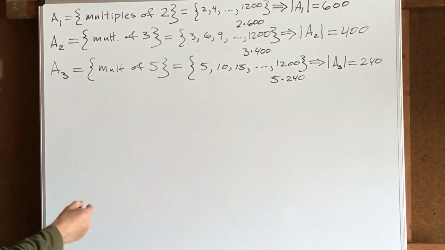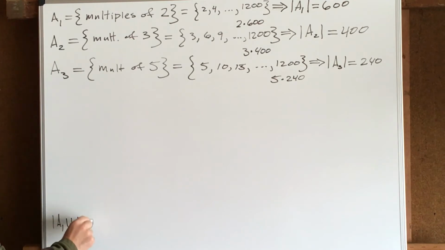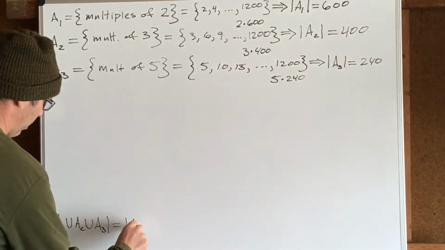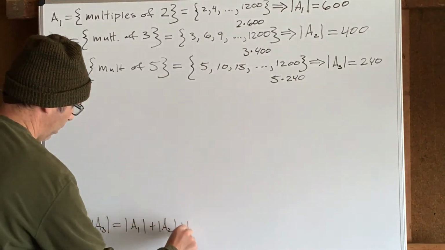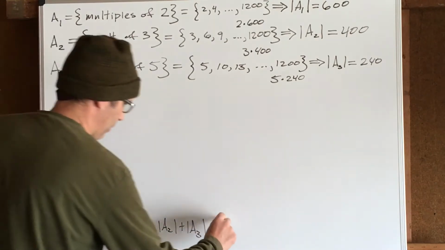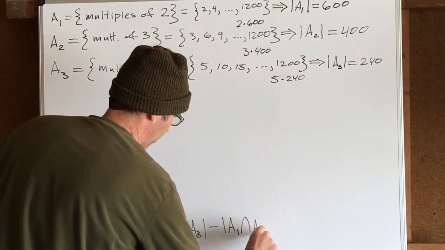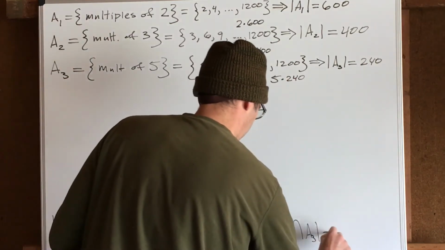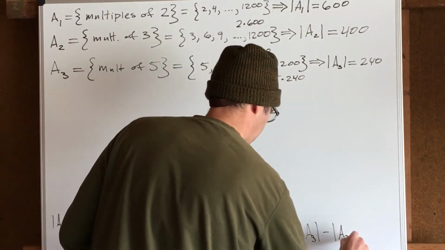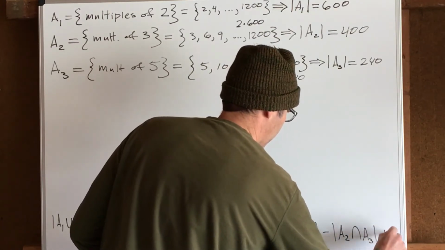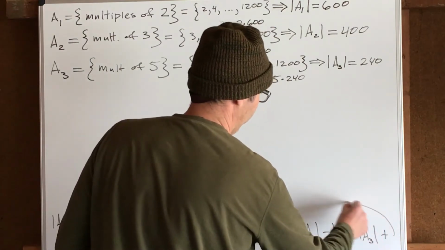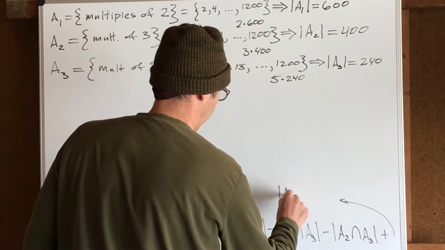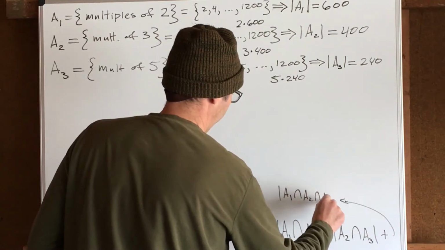Now with inclusion-exclusion with 3 sets, we're going to have, and I'm running out of room here, plus A1 intersect A2 intersect A3.